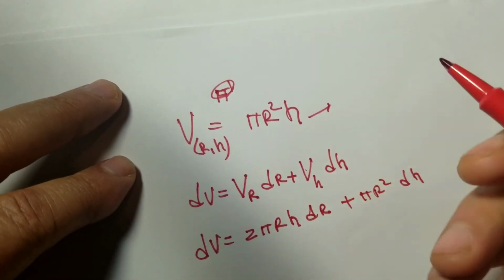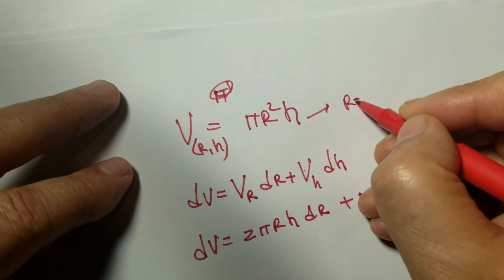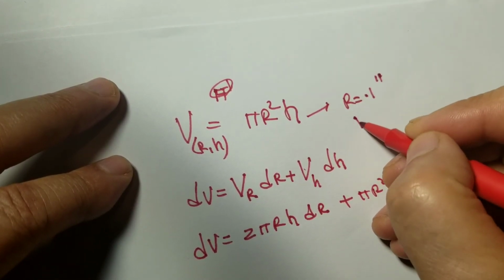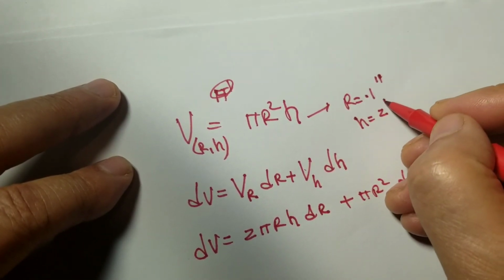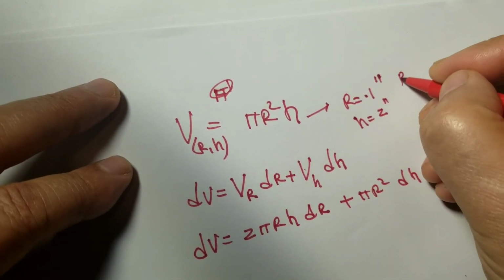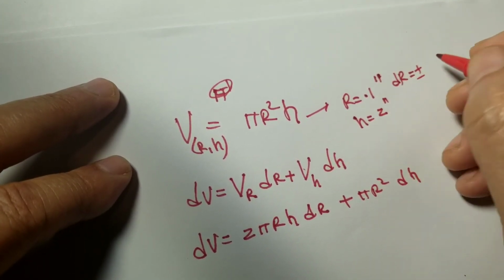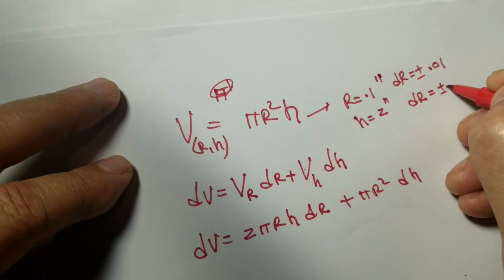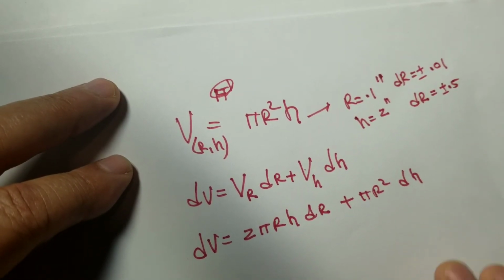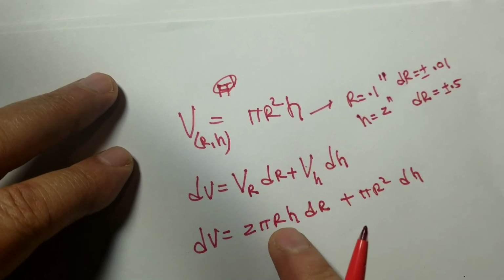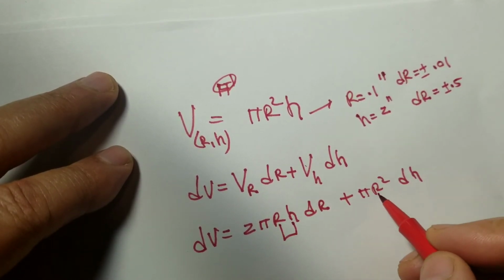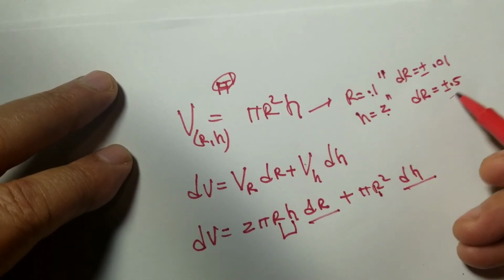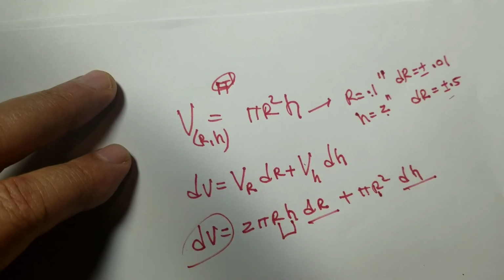Then if I come to you and I said, really I want my r to become 0.1 inch, and I want my height to become 2 inch, but the change in radius can be plus minus 0.01, and the change in h could be plus minus a half. What is the total change right here? For this r, this h, you're going to put 0.1 and 2. But for dr and dh, you're going to put 0.01 and 0.5, and you're going to find the total differential.